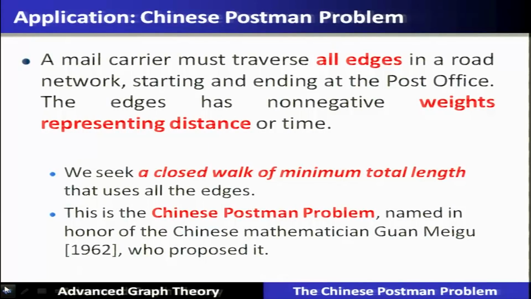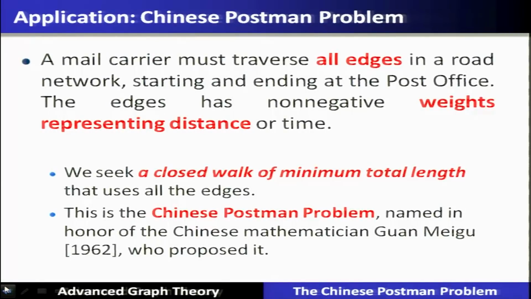Hence this is a generalization of the Euler circuit. An Euler circuit is a closed trail, a closed walk with no repeated edges, containing all the edges. We require the circuit with minimum total cost, and this is the Chinese Postman problem.